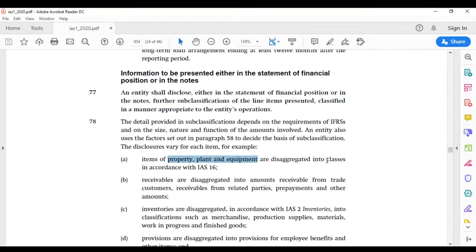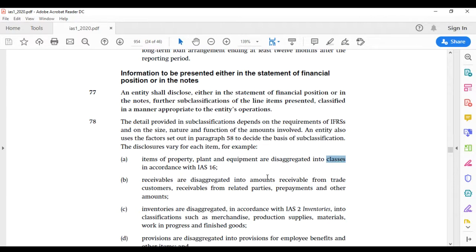So there we are going to say, what classes does it consist of? Does it consist of, let's say, plant with X carrying amount, and property with Y carrying amount, and motor vehicles with Z carrying amount. So there we are going to provide further information with regards to property, plant, and equipment.